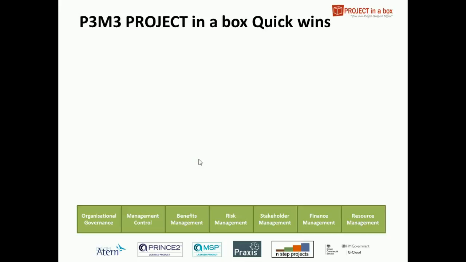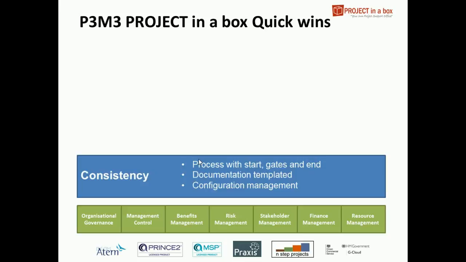So Project in a Box offers you broadly 3 areas which are going to really deliver quickly for you. Providing consistency, so this is consistency in terms of process and defining those processes so they've got the things that you need, like starts and gates and ends. Documentation will be templated so you get consistent content there, and configuration management in a consistent way to control all that for you.